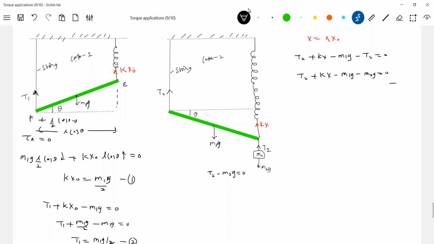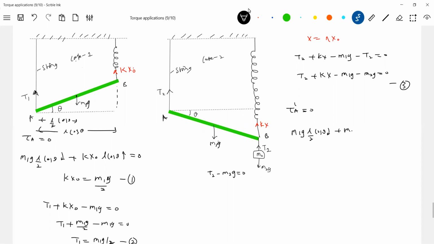Whether it is useful or not, I don't know, I'm just writing it. Okay, let's go for torque. Torque about which point? I'll go again about A. The net torque about A will be 0. The wall will set up torque. Torque due to weight, torque due to spring force also. This will be m1g L cos theta, clockwise.